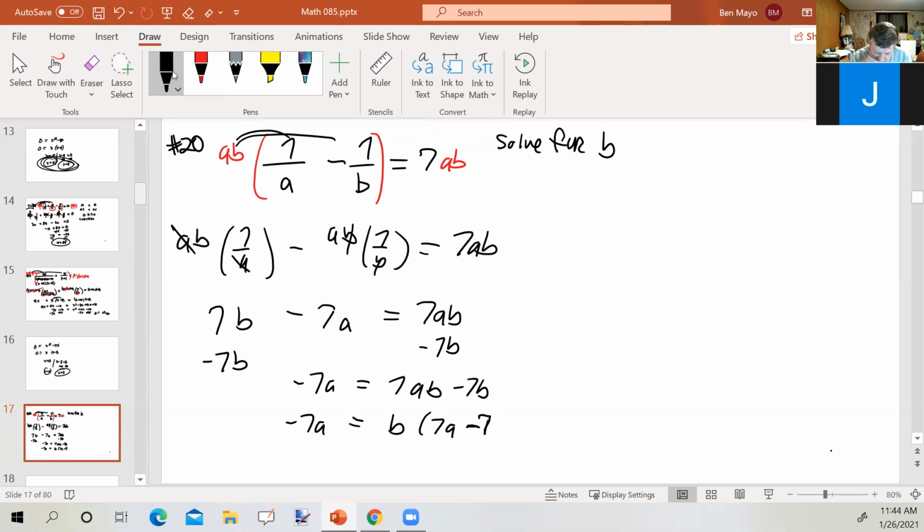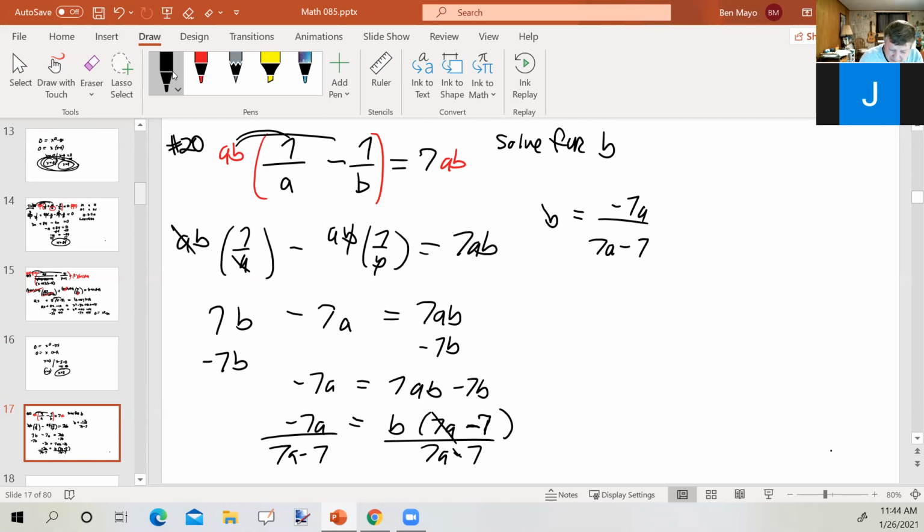Now, you might think, why don't we factor out 7 along with the b, but I only want b by itself, so I'm just going to factor out the b, okay? So now I'm going to divide by 7a minus 7. So b equals negative 7a over 7a minus 7.